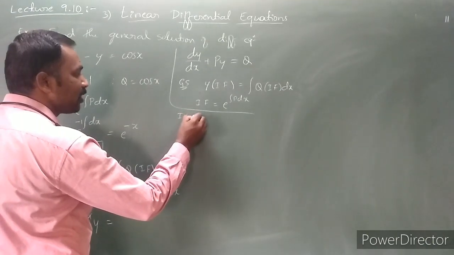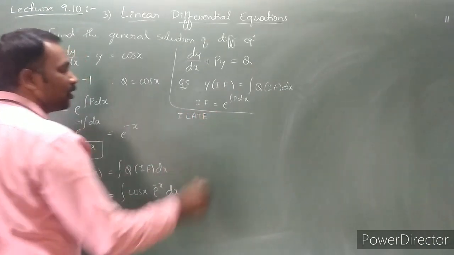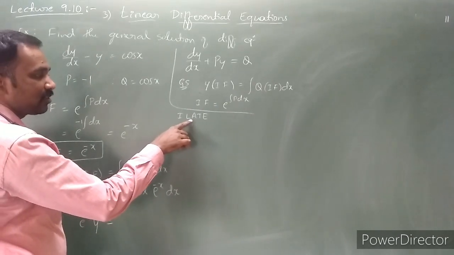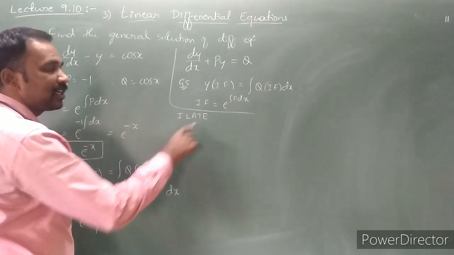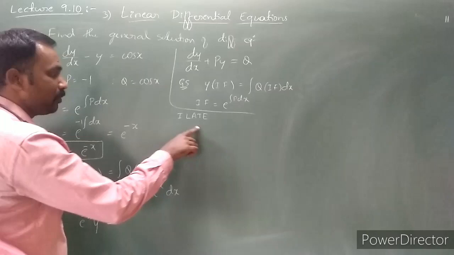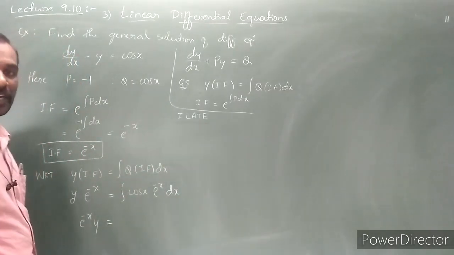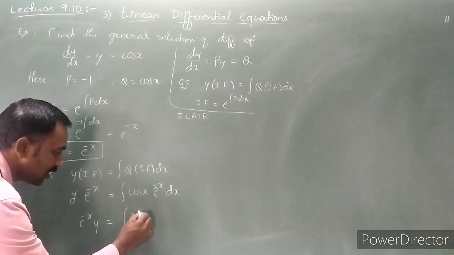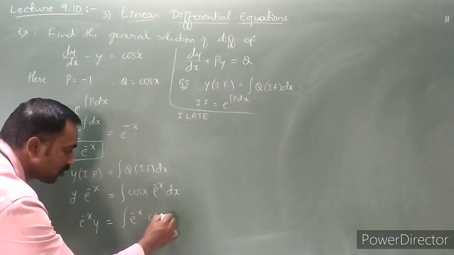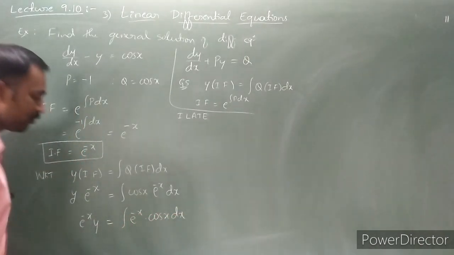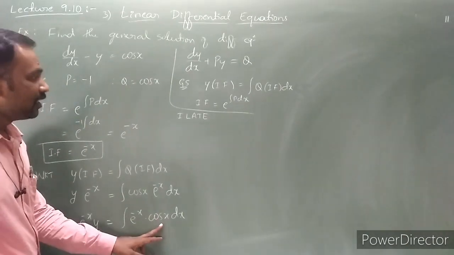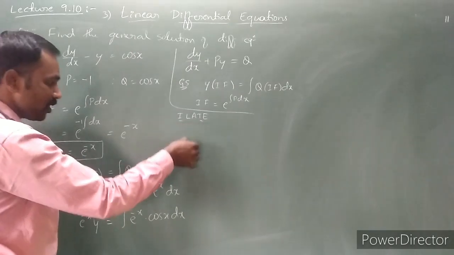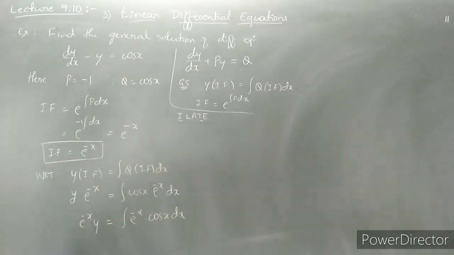To use integration by parts, we need to follow the rule ILATE: inverse, logarithmic, algebraic, trigonometric, and exponential. The two-function product should be in this manner. Which one comes first? E power minus x comes first, e power minus x into cos of x into dx. Simplifying this one, we will get the answer.